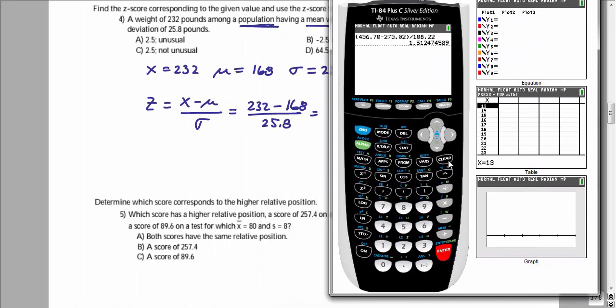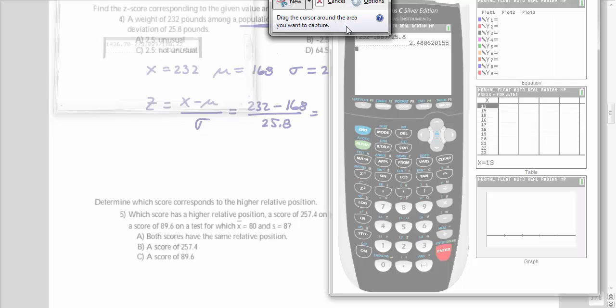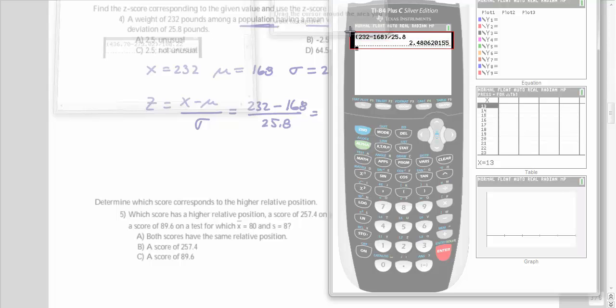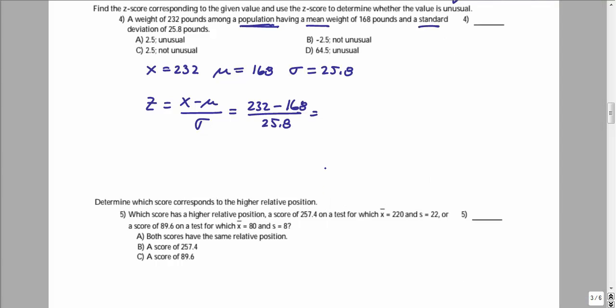So we want to make sure we have our parentheses. 232 minus 168 divided by 25.8. So we have 2.48 for my number of standard deviations I am above the mean.